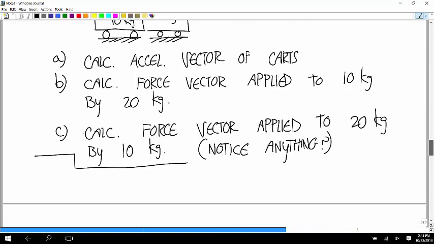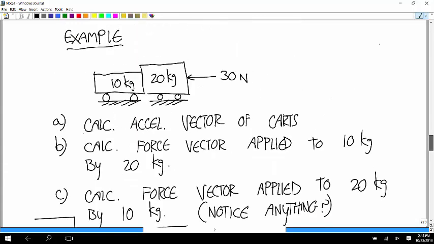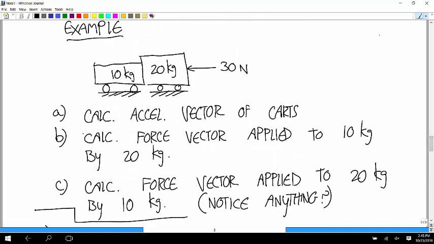All right, so to calculate the acceleration, and this is always going to be the case, if we want to calculate the acceleration of these two carts together, our chosen object for part A is going to be both of the carts together. We're going to treat them as a single unit. And your first thought might be like, are you sure that's allowed?